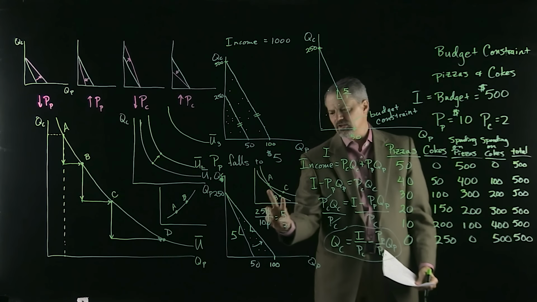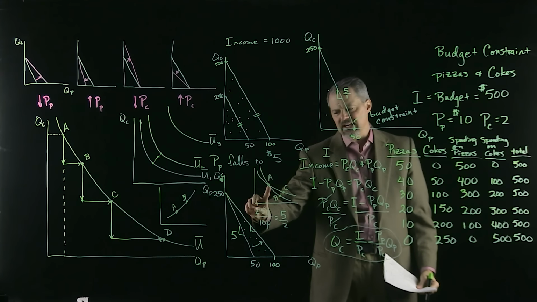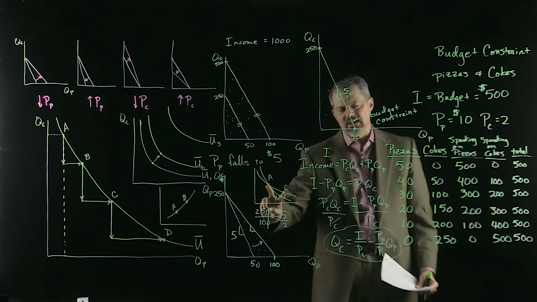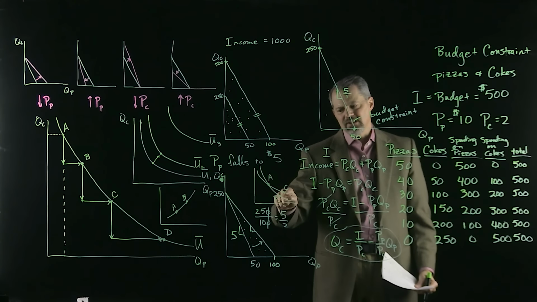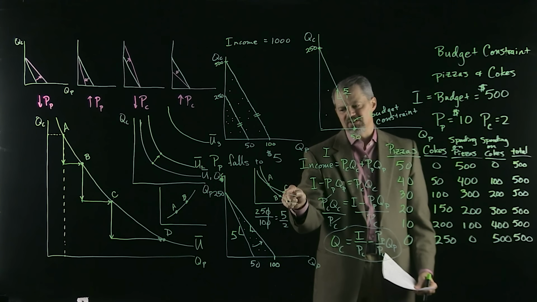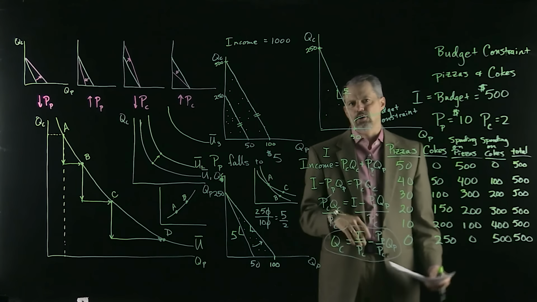Because A and B are on the same indifference curve, the consumer is indifferent between A and B. And because A and C are on the same indifference curve, the consumer would have to be indifferent between A and C. So if they're indifferent between all three of these bundles, we've got a problem right here because C has strictly more of both goods than B. And so the consumer would have to like C more than they like B. So indifference curves never cross.